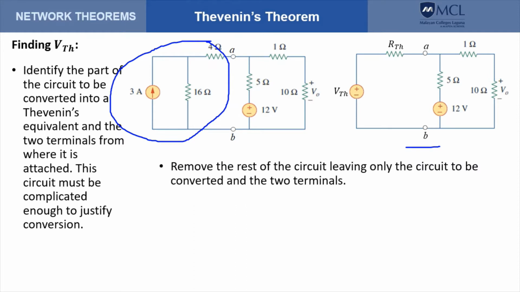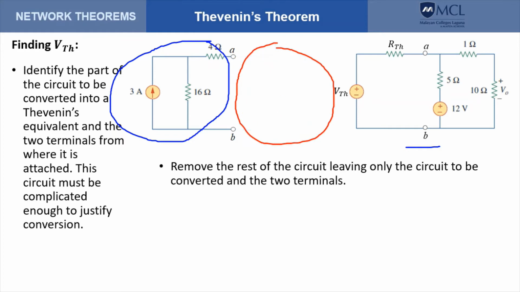We need to remove the rest of the circuit that is connected to the part that needs to be converted. So that part here is this one. So we remove that one, and that becomes like that.